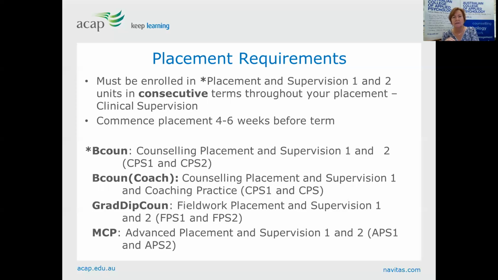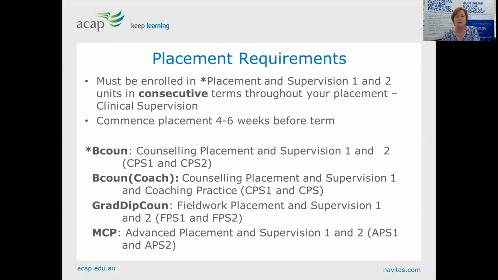Okay, now that's a bit misleading because it sounds like you would be in a coaching placement and you're not. You continue in your counselling placement, you continue in your clinical supervision in that unit, and as well as that, you do some work with a master coach in the classroom. I know that's confusing, but don't worry, it'll get clearer when you read about it on Sonia.